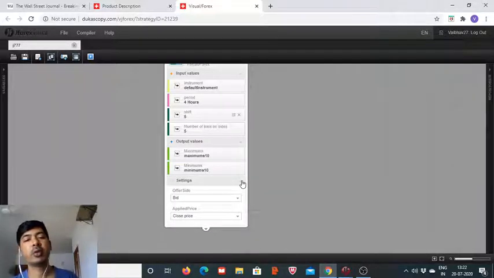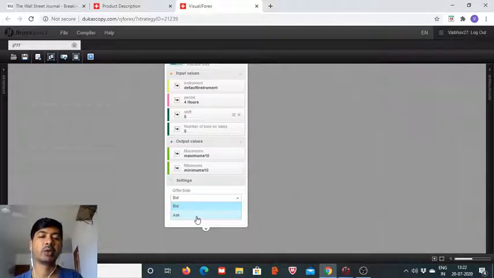Now here also, on the upper side, or you can say bid or the ask, you can define the fractals on both sides. So you can choose bid or you can choose ask.